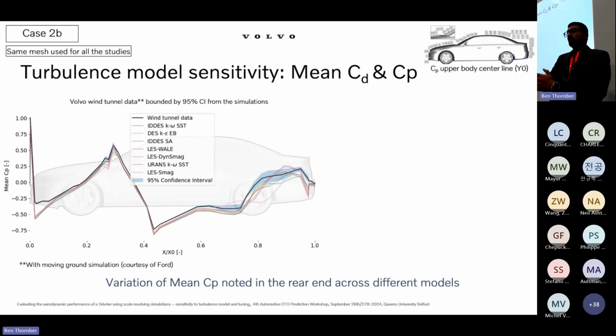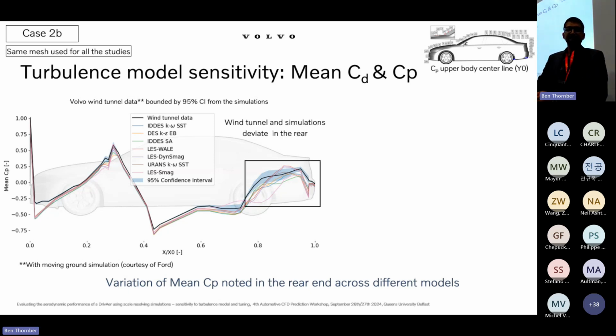That can partially explain why we see this kind of large variation between the different models, especially when predicting the separation in the rear. Of course, we see that the main deviation is in the rear, and I think the CFD methods are fairly okay in the front. Of course, I need to probably fit them at probe 107 as Ford has done. But it seems like until the C-pillar, we are fairly okay.